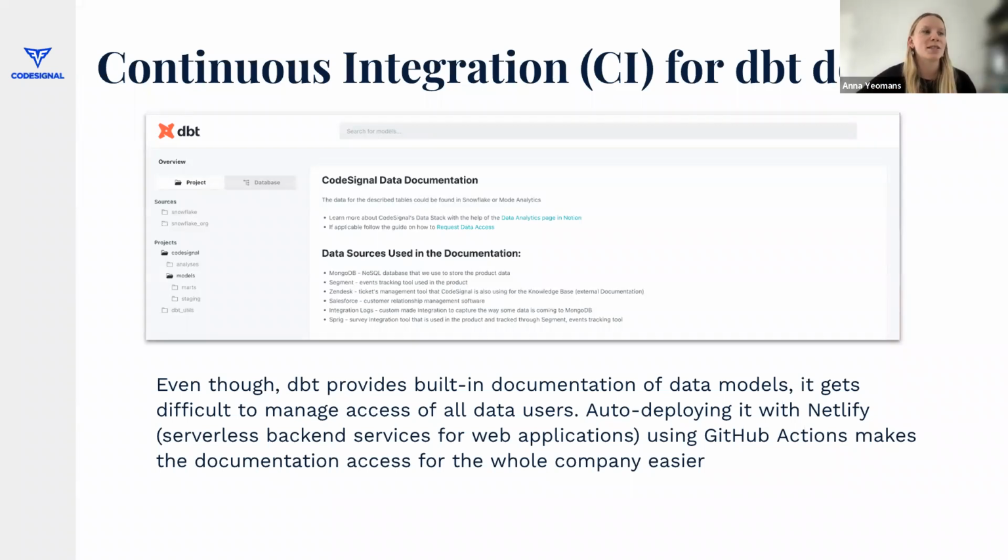So what we did was auto-deploy our documentation with Netlify. If you haven't heard of Netlify, I recommend checking it out. It's basically a serverless backend service for web applications. You can do it using GitHub Actions, which will make documentation available for the whole company, and it's pretty easy to do. You can have SSO in Netlify, or you can also protect it with a global password or passwords.